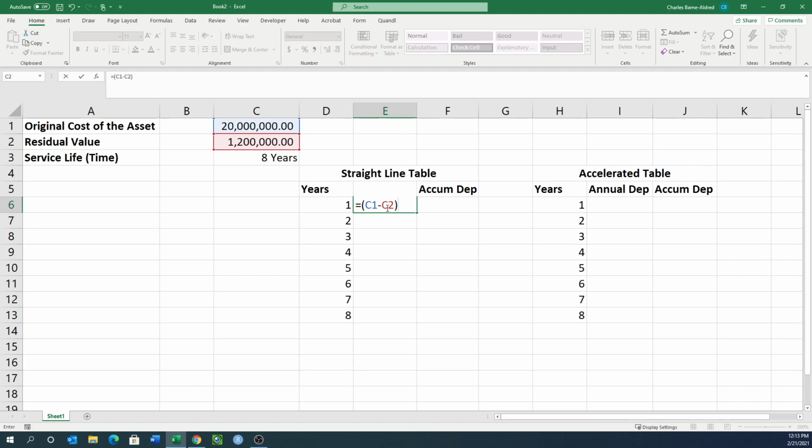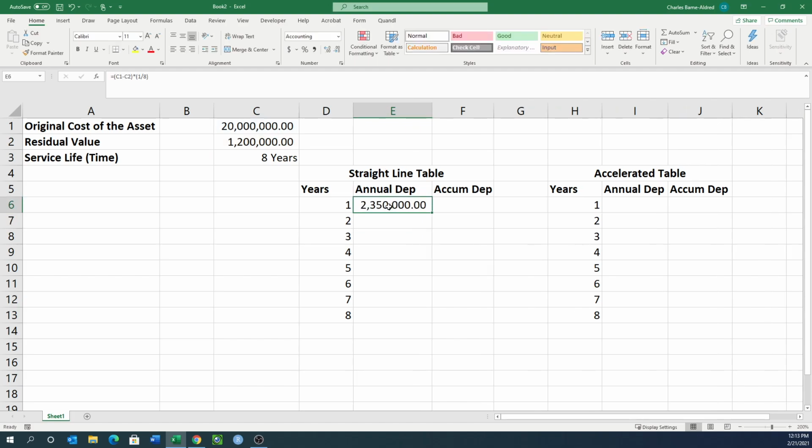It's the same thing. So in this case, we're going to multiply times 1 divided by 8, which is my service life. You can see my service life is 8 here. So this is equivalent to saying C1 minus C2 divided by 8. Mathematically, this is the same thing.